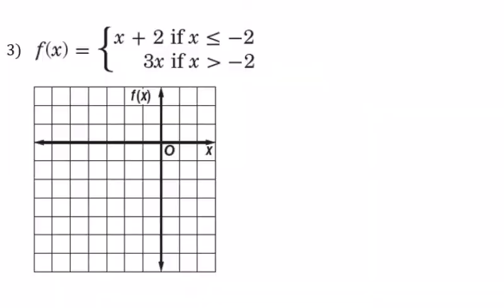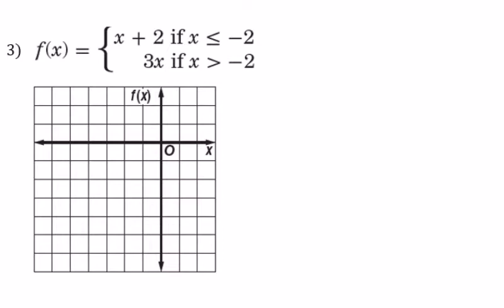All right, so let's see how a piecewise function works. So here we have f of x equals, and this is kind of what you'll see with a piecewise function: you'll see this brace, and then you'll see multiple functions inside here. So here we have two functions. So this is a two-piece function, and you could have 3 pieces, 4 pieces, etc. Right?